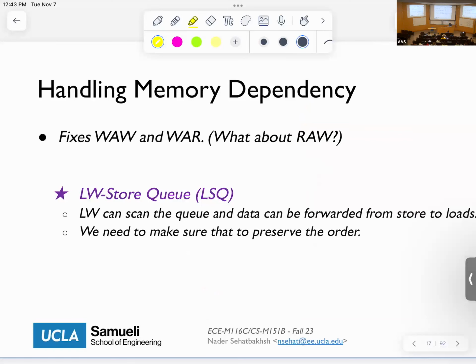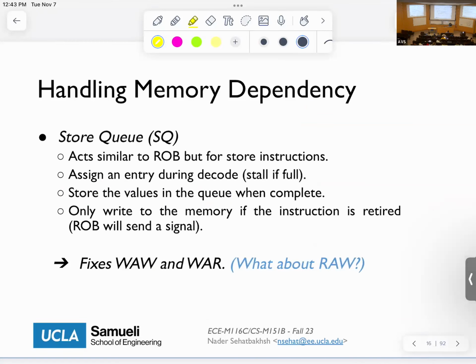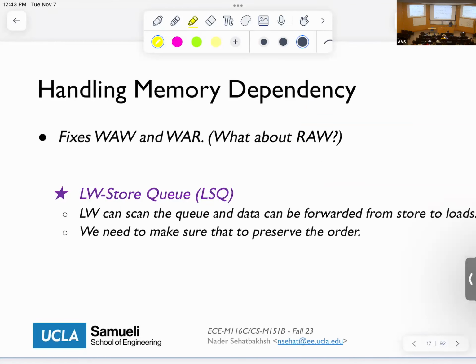By the way, this fixes the issue of read after write data hazards as well, because I'm checking the load store queue whenever there is a request, and I always write to the memory with in-order retirements. So I can make sure that there is no read after write hazard, because I can never read before write.